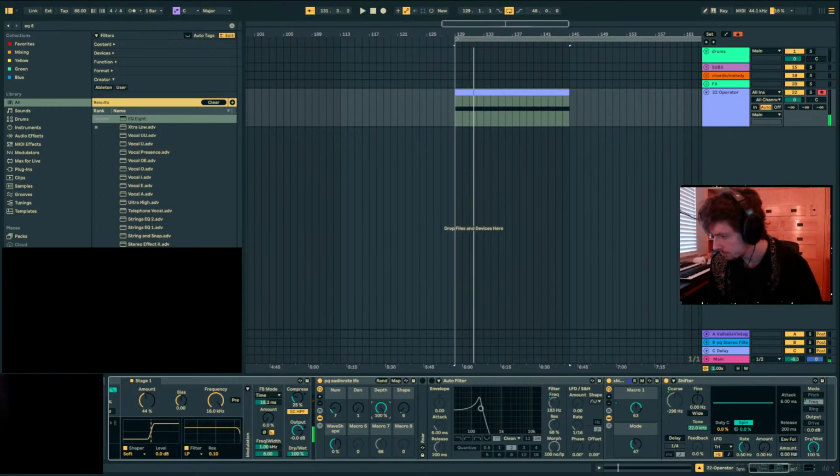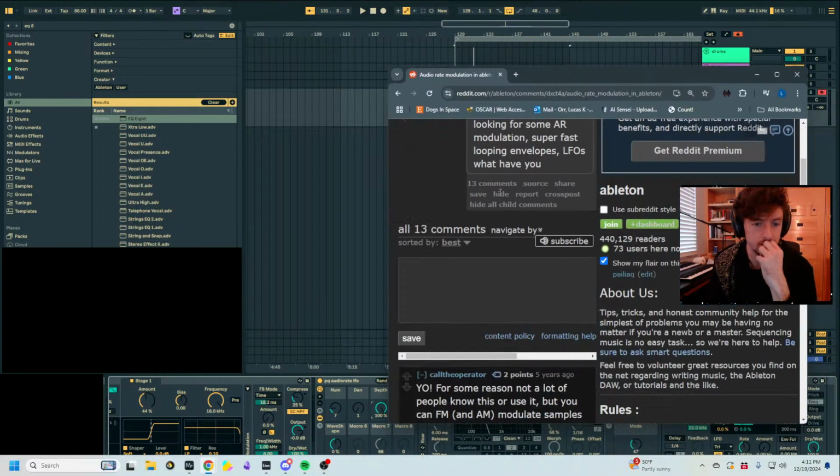Anyways, you said stock Ableton LFO operates at 1 kHz sample rate. Ableton LFO sample rate Max MSP. Let's see if this is clear. I don't see anything directly giving me the answer here.